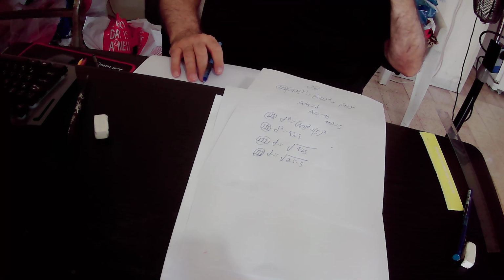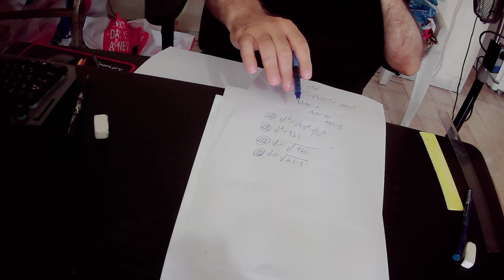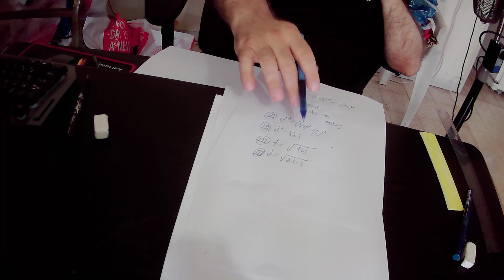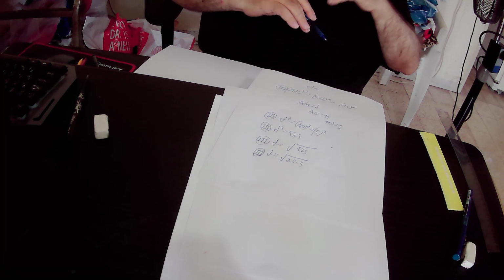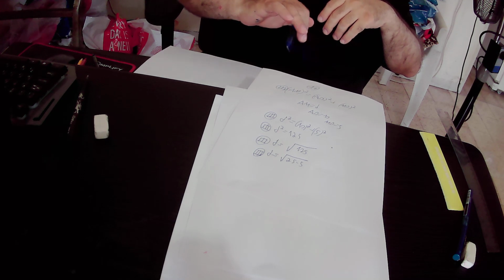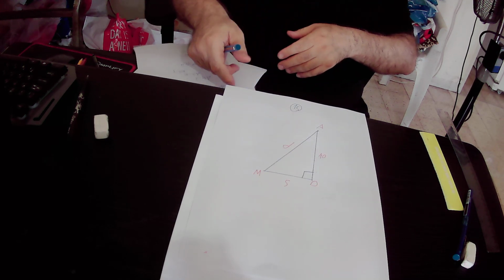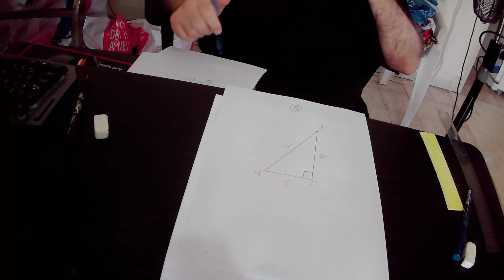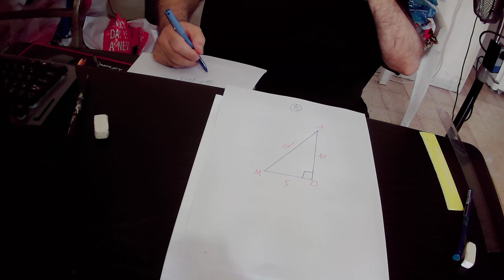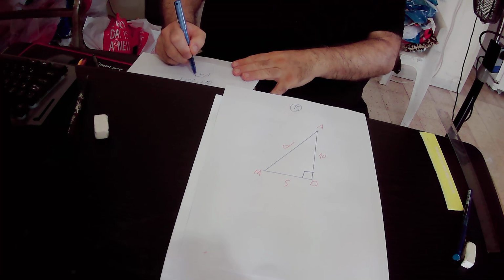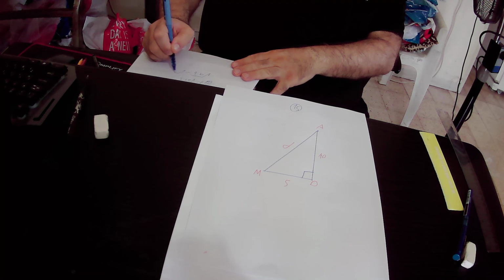So we got that d equals the root of 25 times 5. Actually, we can separate the root into two roots according to the rule that the square root of a times b equals root a times root b.